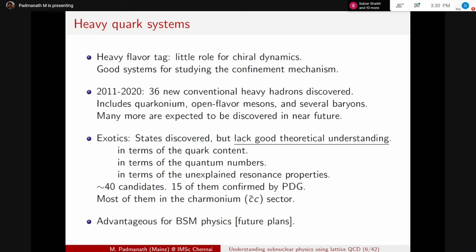So you're not interested in looking at one charm and another light quark, those kinds of systems. Yes, I am also interested in it, but the main reason why we are interested in charmonium is because of a plot I will show at a later point of time. Of course, there are interesting aspects in the one charm and a light quark sector as well, but this is very limited.